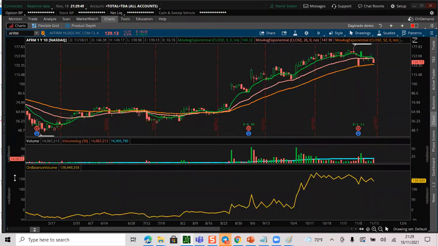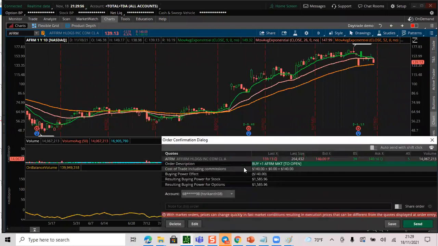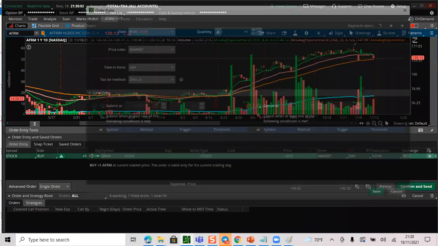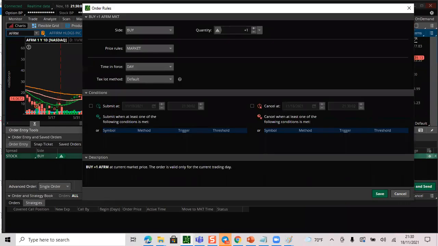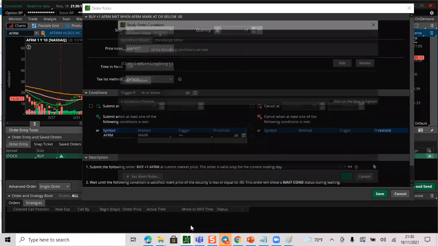Okay, you can automate these also. I'll show how to automate these by edit. You can just click here over on the star, click on market on day, and you can add a form method as study. You can also do edit.